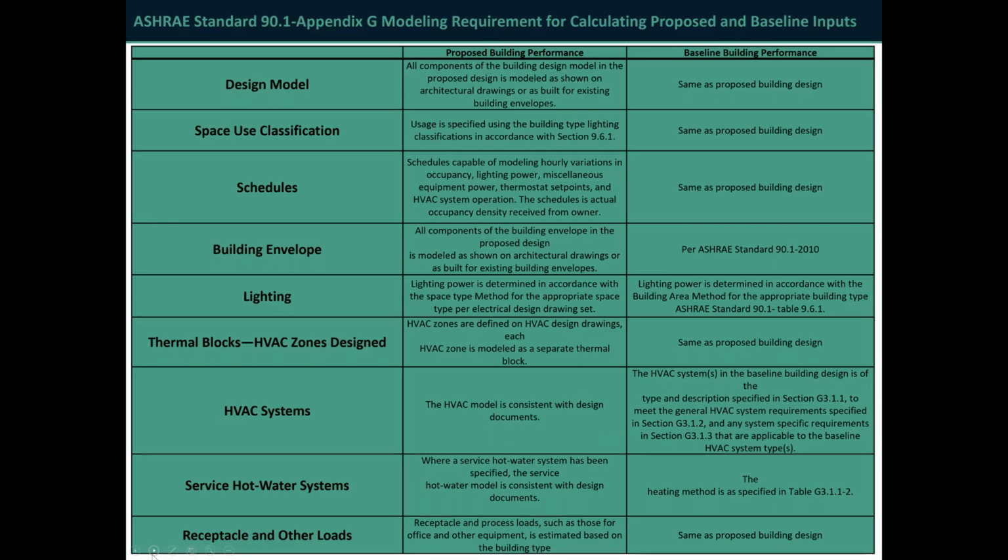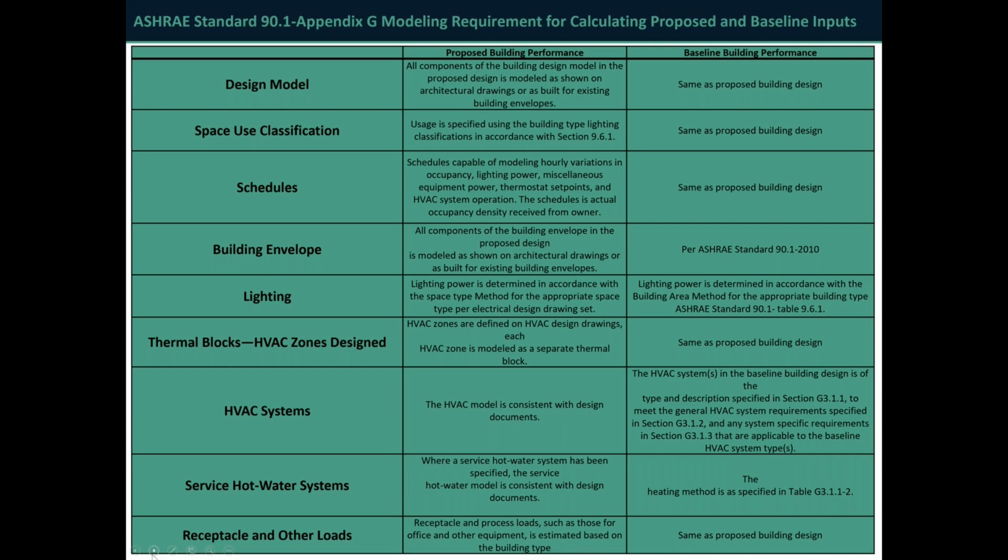So I go back to the proposed and baseline. I defined the general inputs as a 10-chapter table of inputs. We can just compare them: what are the baselines and what are the proposed, and what can be different in this 10-chapter table, which comes from ASHRAE 90.1 Appendix G. It helps us know, for example, that the design model, schedules, and space use classification have to be the same for proposed and baseline.